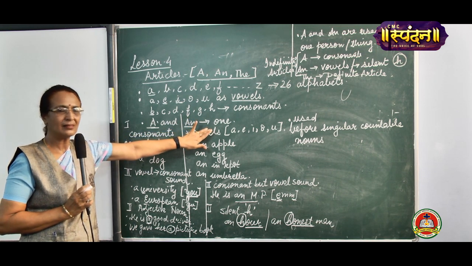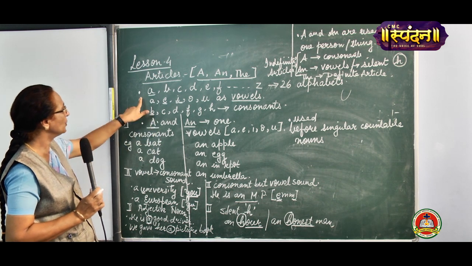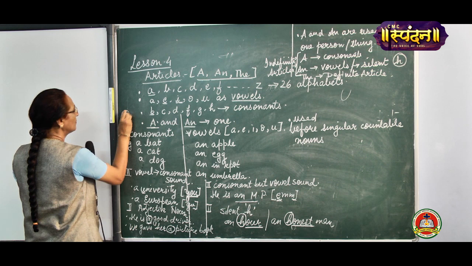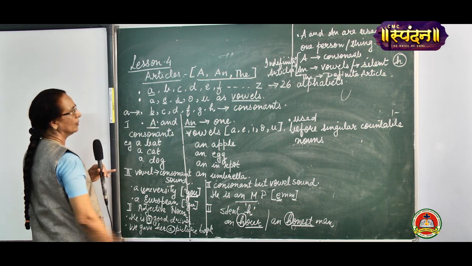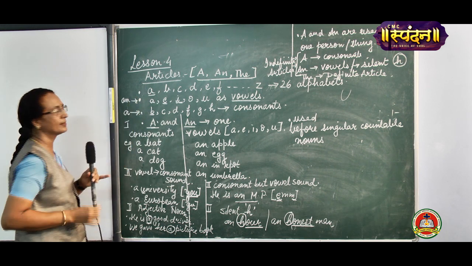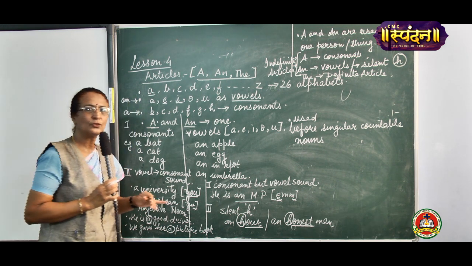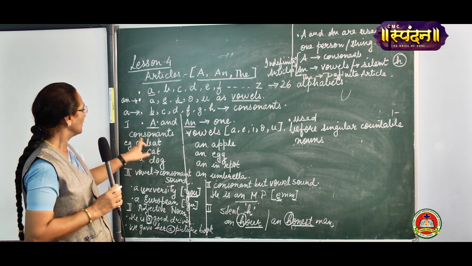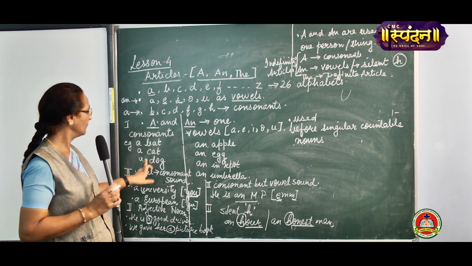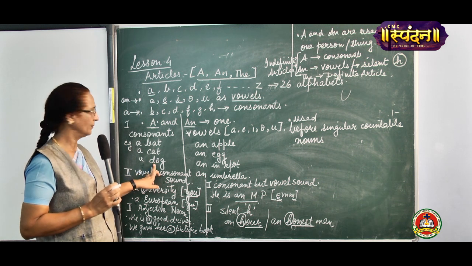As I told you, a is used before consonants and an is used before vowels. Is that clear to all of you? See, consonants, a bat, a cat, a dog.